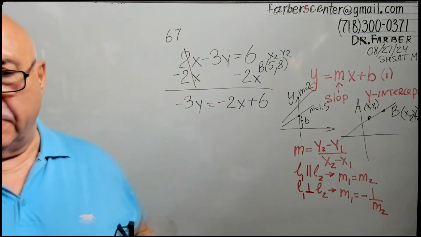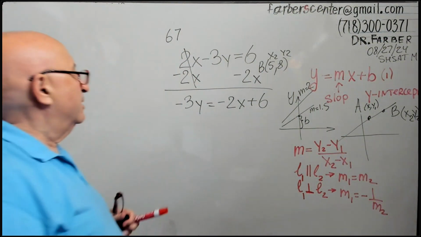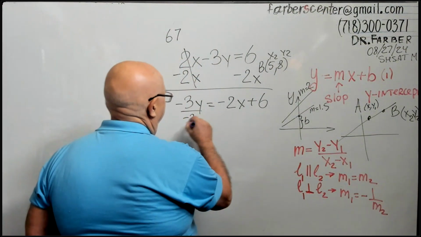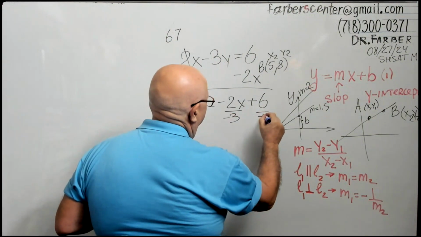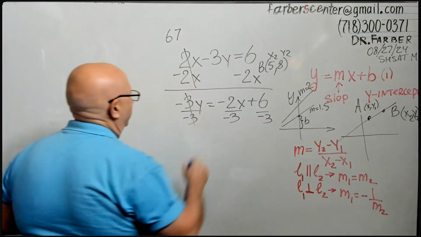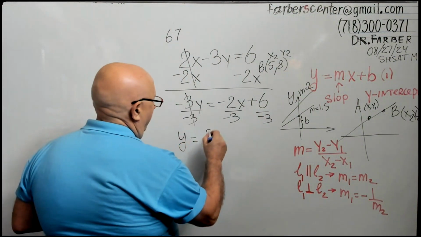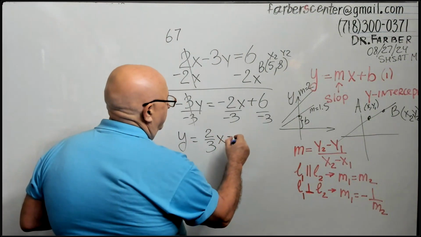Who understands this step? Excellent. Now, how to find y? Easy. I divide each term by negative 3. After simplification, I get y equals 2 over 3x minus 2.